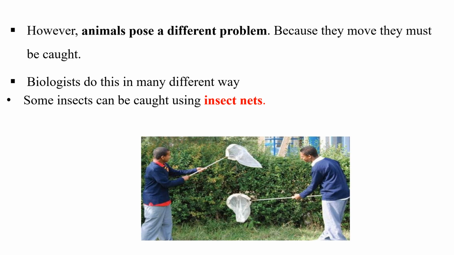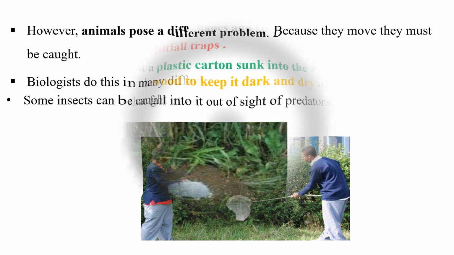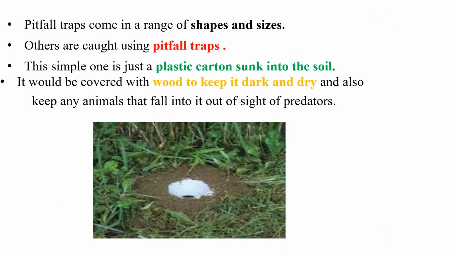There is also another method of collecting different animals. Pitfall traps come in a range of shapes and sizes and are sunk into the soil. This pitfall trap is a simple one.